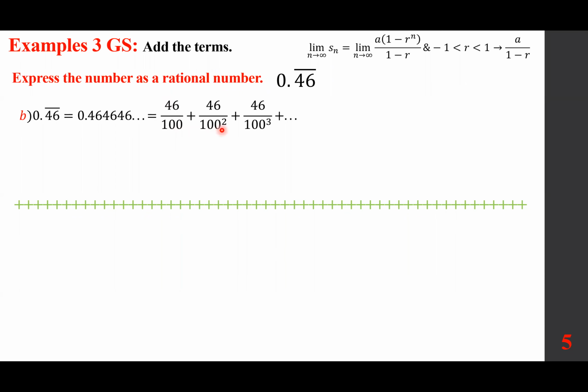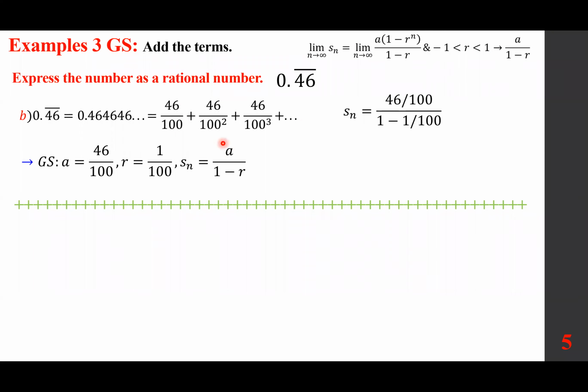Then we are dividing by 100 or multiplying by 1 over 100. Therefore, we can use the geometric sequence. Remember, the sum for this one, we get to this answer if r is between -1 and 1, makes it easier. A over 1 minus r. A is the first term. So here's the first term, here's the r, here's s sub n, and that's exactly what's going to happen here.